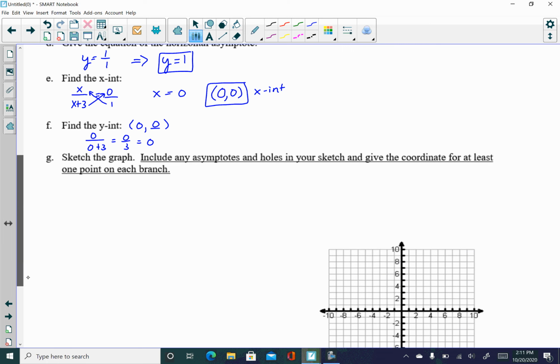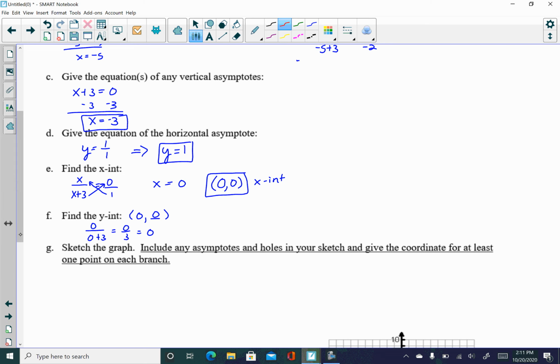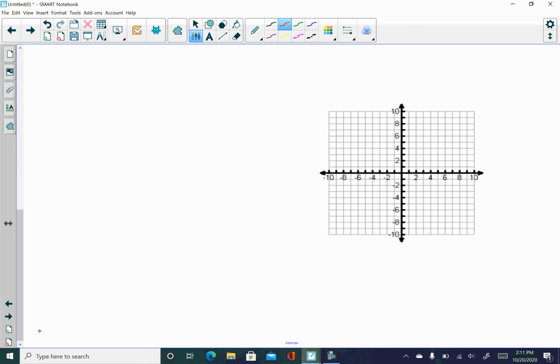All right, let's come down here and crank out our graph. Let's start with our asymptotes first. We have a vertical asymptote at x equals negative 3, and a horizontal asymptote at y equals 1.